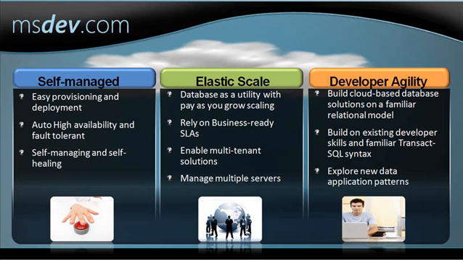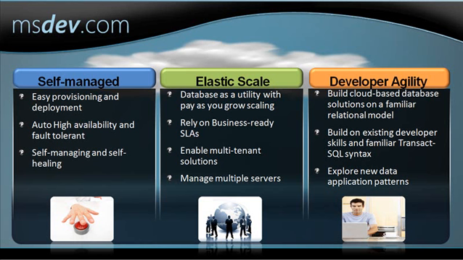Before we start looking at some common usage scenarios, I just wanted to highlight some of the core capabilities of SQL Azure. The three things that I wanted to discuss quickly are that it's self-managed, that it provides elastic scale, and that it provides for developer agility.